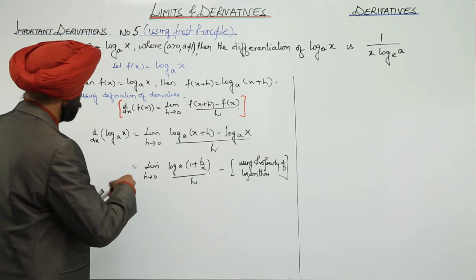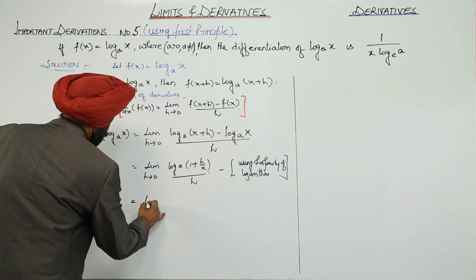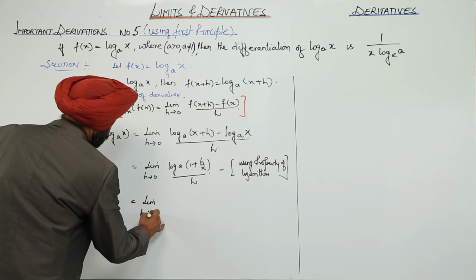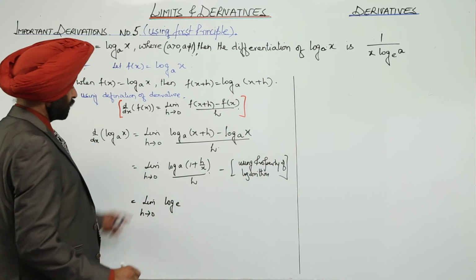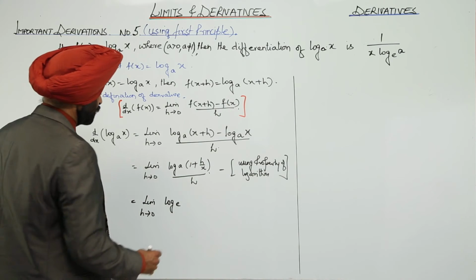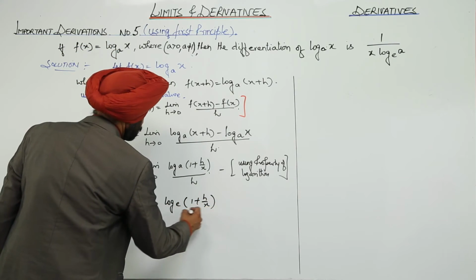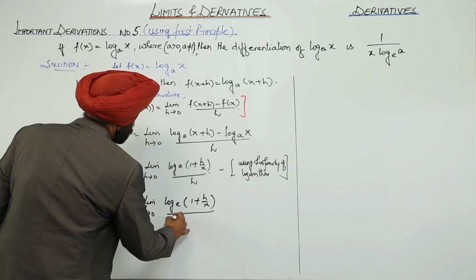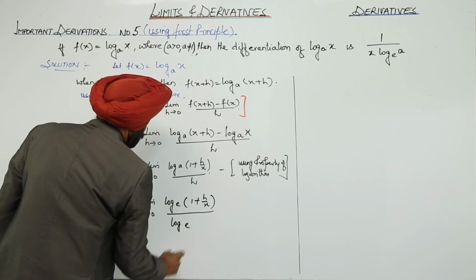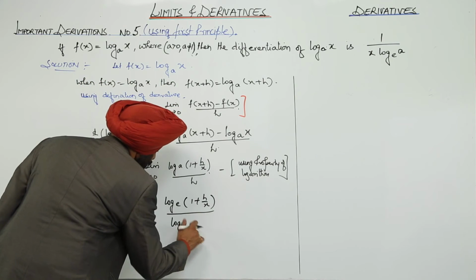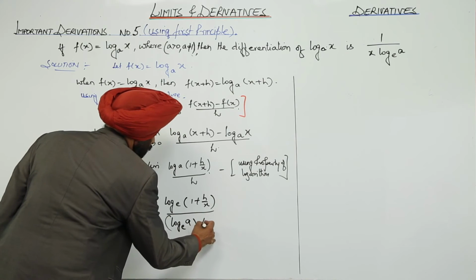Now here we are going to change one of the very nice things. Now limit h approaches to 0, log e. Now here it is log a, so we are writing log e (1 plus h upon x) upon log e a, with h.